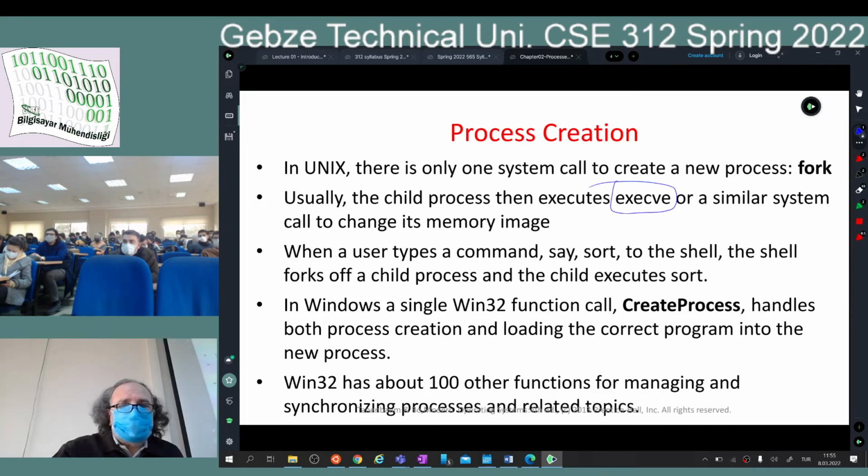Windows does both of them automatically. It makes a new process and runs the desired program with that process. The book says Windows has about 100 other functions for managing and synchronizing processes and related topics. POSIX has a total of about 100 procedure calls. Windows has many more.